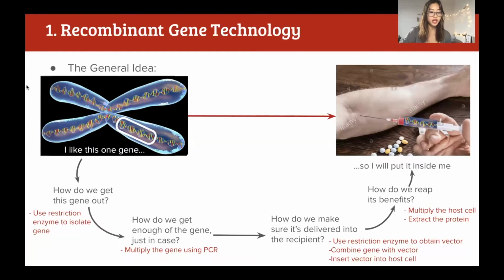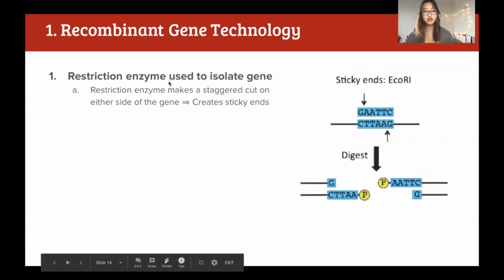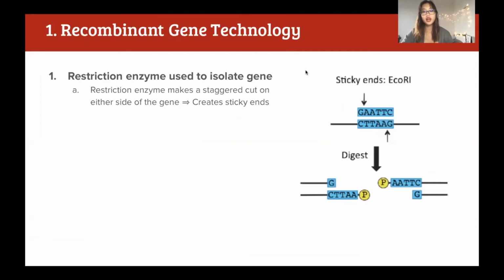All right. Okay. So now that you've understood how and why we do these things, let's get into the details. So first off, we have the restriction enzymes used to isolate the gene. When we isolate the gene, we do so by using a restriction enzyme that recognizes a restriction site.